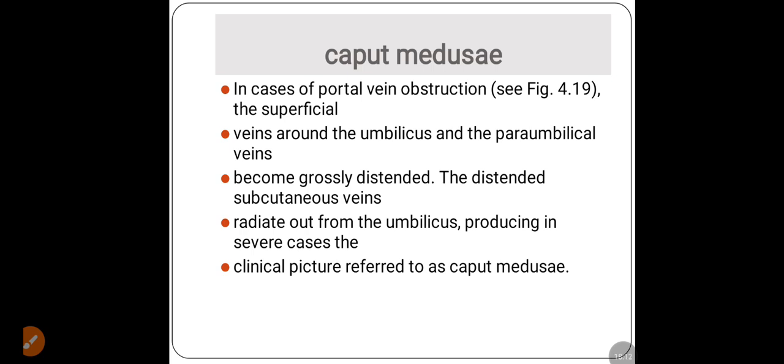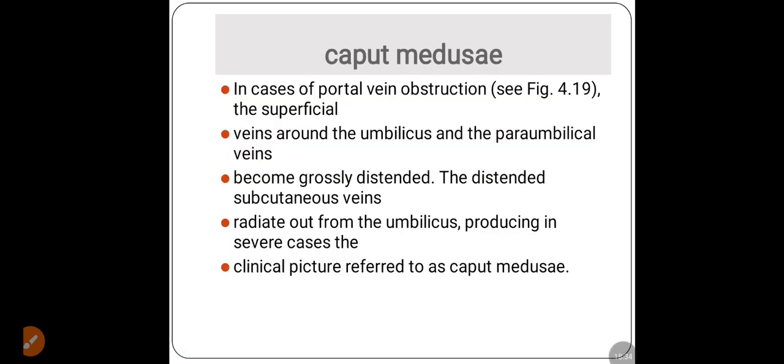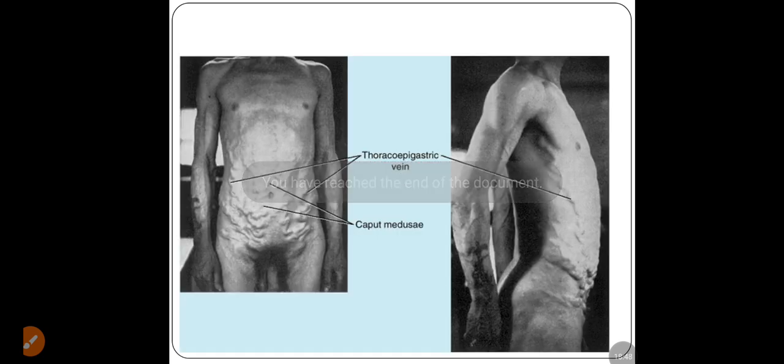The veins around the umbilicus become dilated and tortuous, and this is known as caput medusae. Caput medusae may be due to portal vein obstruction, portal hypertension, or liver cirrhosis. Okay, that is all about the anterior abdominal wall.